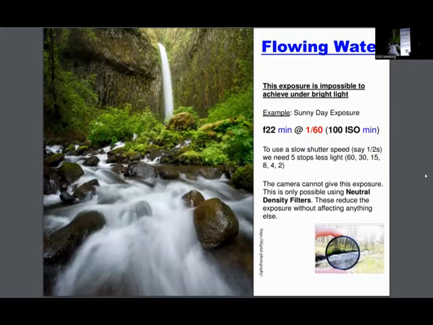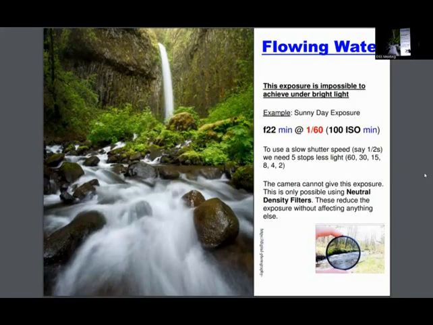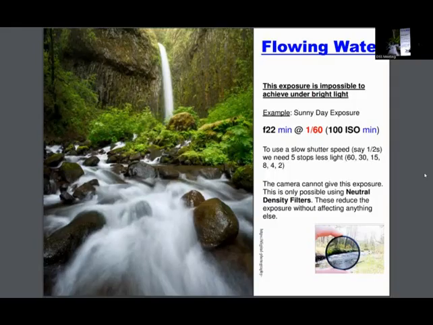That's where you might think it's only possible using a neutral density filter. The gray filter does one thing, it reduces exposure, nothing else. Some cameras have the filters built in. I don't know if they really have filters or they attenuate the exposure.